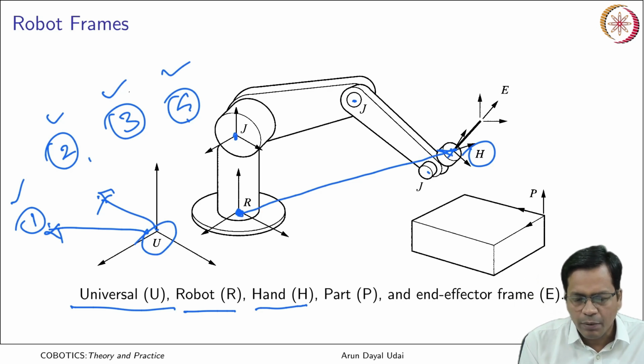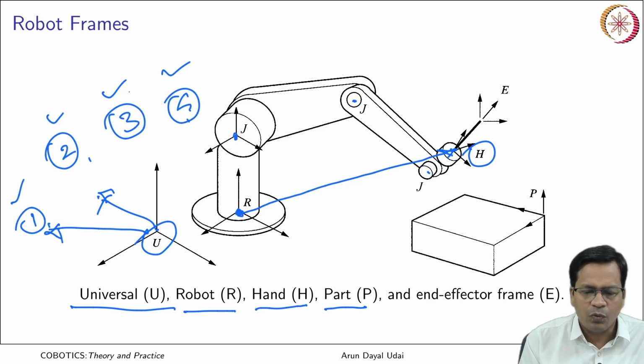You have a part frame. Any object which is lying in the workspace may have its own frame, that is also known as an object which the robot is handling. This may be a solid object.